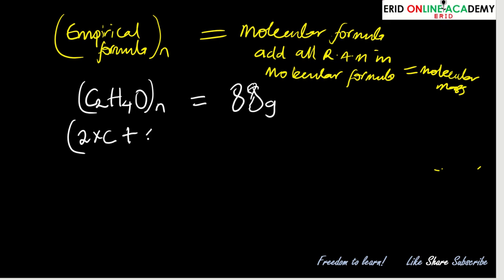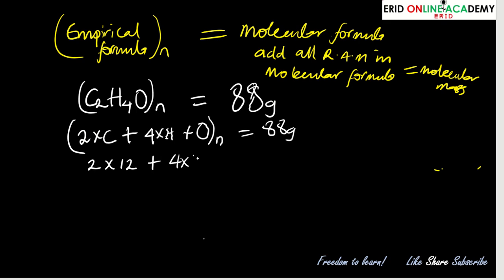Plus 4 hydrogen atoms plus 1 oxygen, multiplied by n to give me 88 grams. Carbon is 12, hydrogen is 1, and oxygen is 16. Since we have only 1 oxygen, there's 16.